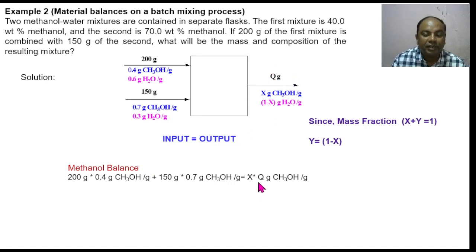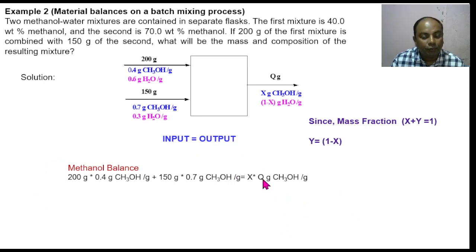Similarly here you can do the same calculation: total quantity multiplied by mass fraction of that particular constituent gives the mass of methanol present in the total quantity. So this is the equation.